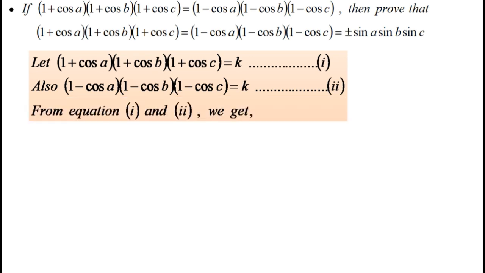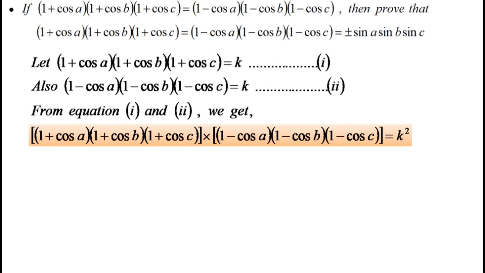Then from equation 1 and 2, now multiply both equations, then after multiplication we get 1 plus cos A into 1 plus cos B into 1 plus cos C whole into 1 minus cos A into 1 minus cos B into 1 minus cos C equals to k into k equals to k square.